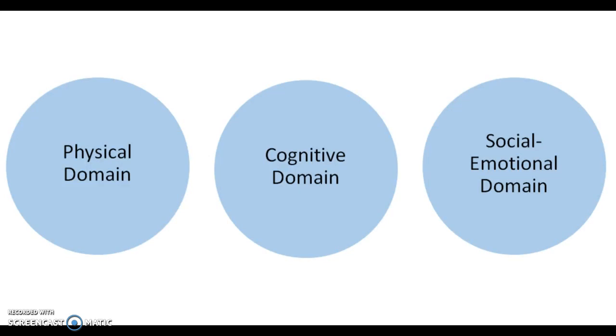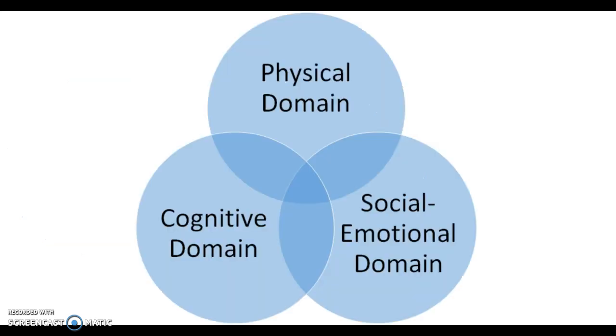Typically, the domains are taught in this way. First, you're going to learn about the physical domain, then the cognitive domain, and then the social-emotional domain. For the process of learning, it's important to break things down into smaller parts to understand them. However, the way that development works is actually a little bit more like this.